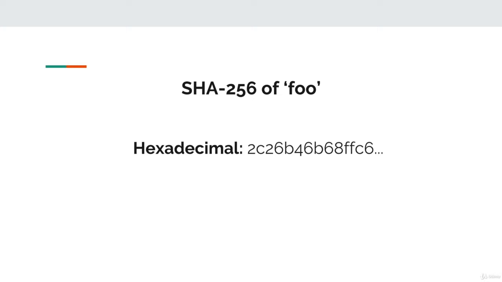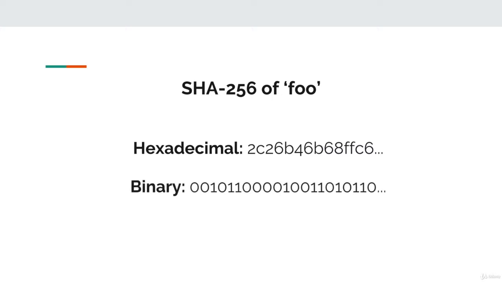Overall, the hexadecimal form allows us to represent a SHA-256 in 64 characters that range from 0 to 9 and A to F. However, Bitcoin uses the binary form of the hash, meaning the hash will consist of 256 zeros and ones. So the binary form of a SHA-256 hash of the string foo is 00101110 and onward.